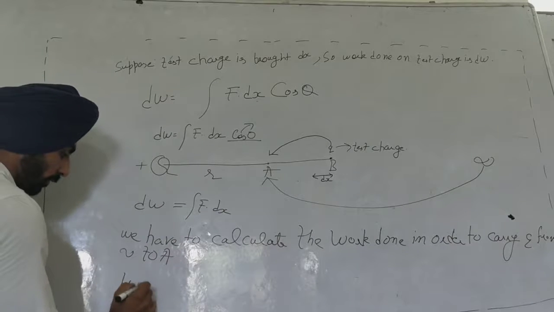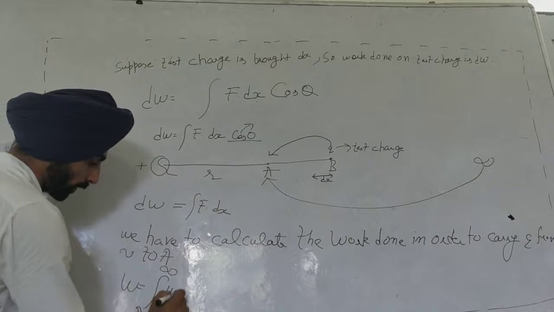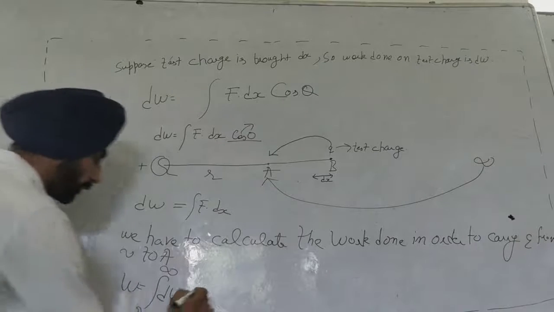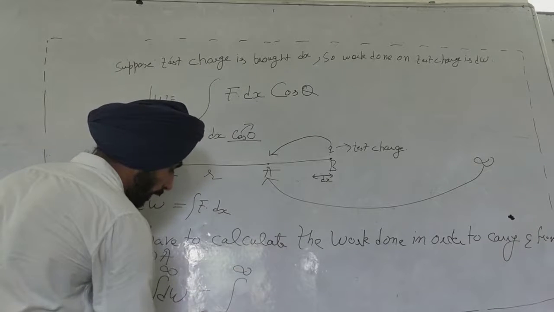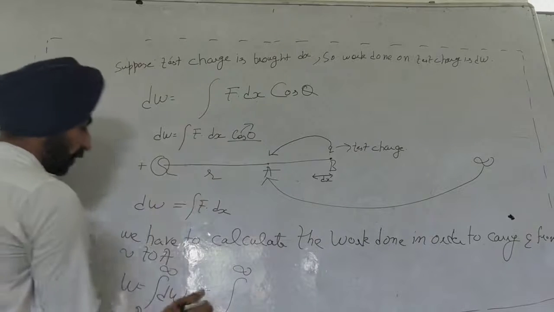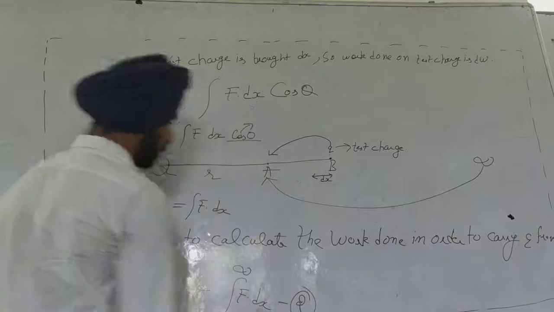So the work done will be equal to the integration from infinity to A of the small work done. So total work will be like this, integration from infinity to A. What is dW? You can put the value of dW as F dot dx, that is expression 2.